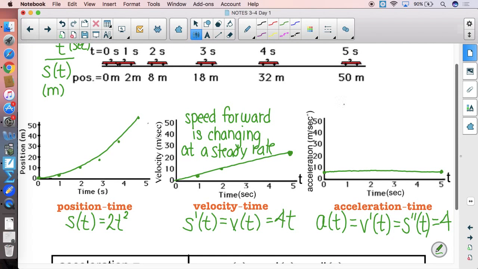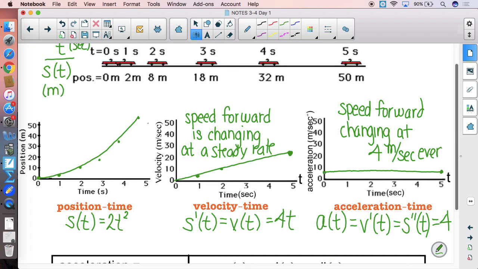It's telling me that the speed forward is changing at a constant rate of 4 every second. So this would be 4 meters per second, okay, for my units.